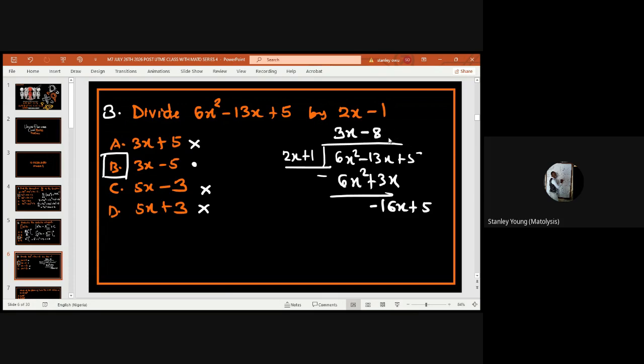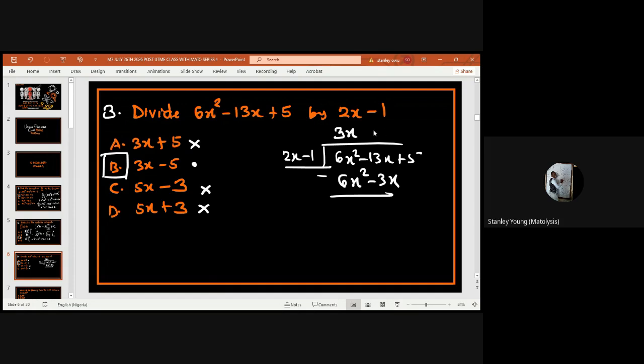Let me check that again. Oh, I see. I made an error. Sorry about that. Is it? I didn't make an error. See, after we got this, we multiply this and this, we got, oh, I see. The error was from here. Sorry about that. The error was from what I used as my divisor.